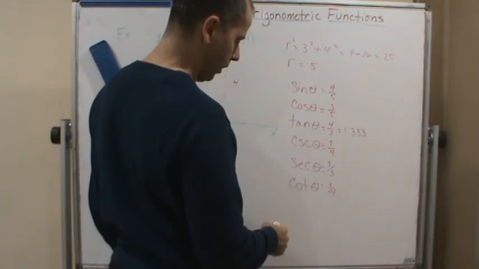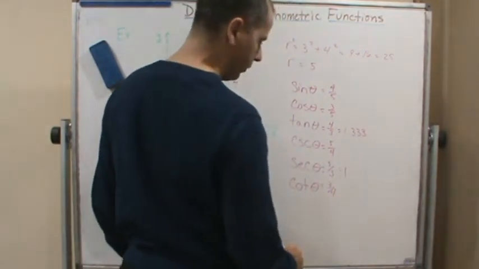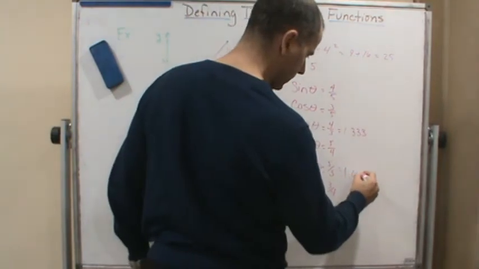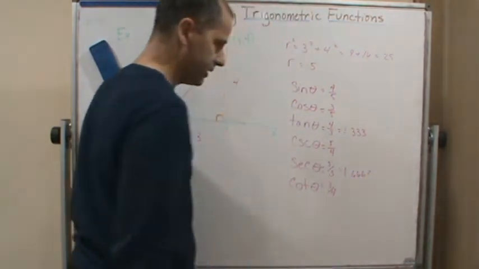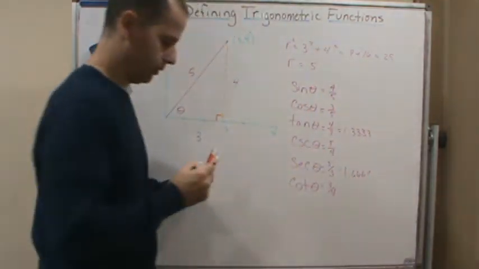Let's see, what else? Oh, 5/3, right? 5/3 would equal 1.667, if we want to do that.